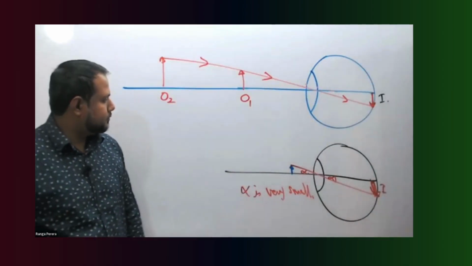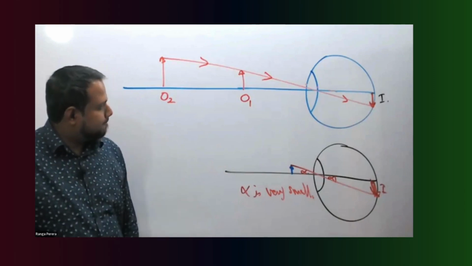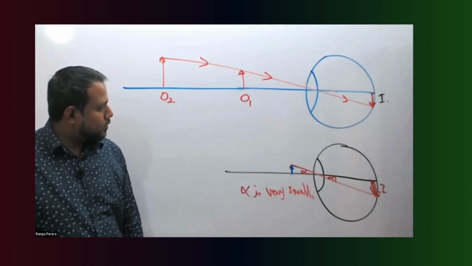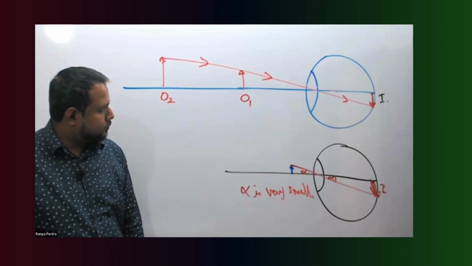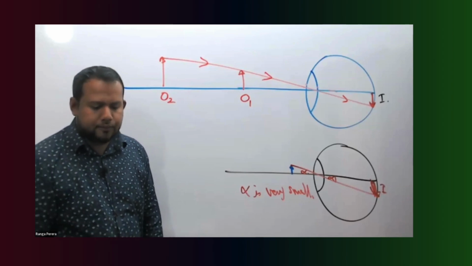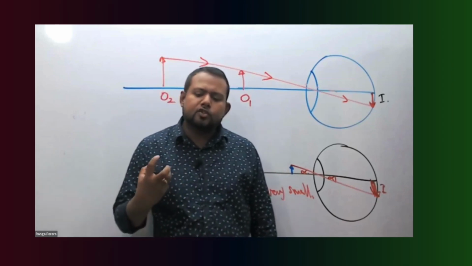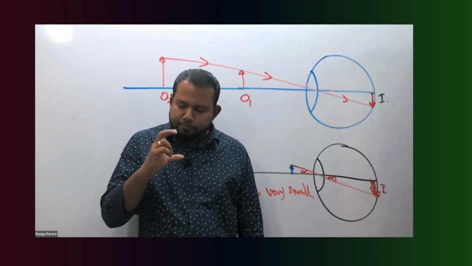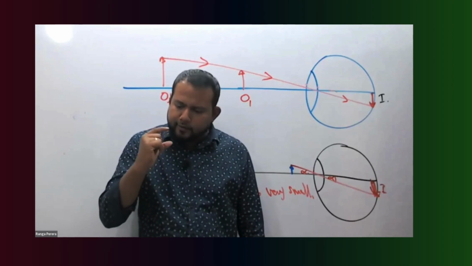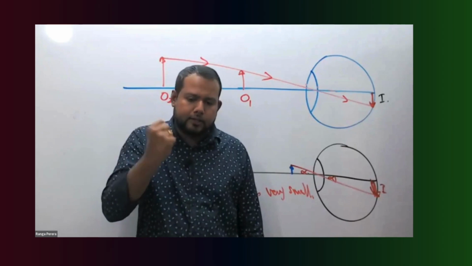Right. So what is the optical instrument actually doing now? The main function of optical instruments is to increase the visual angle so you can see clear objects.